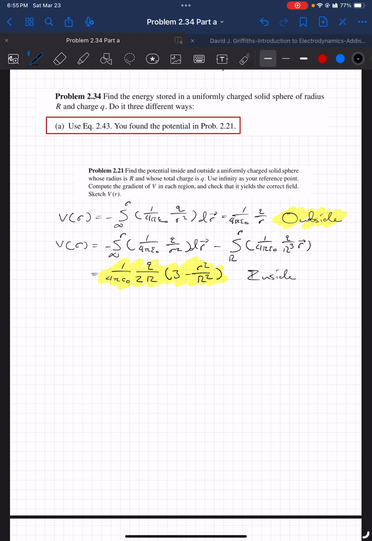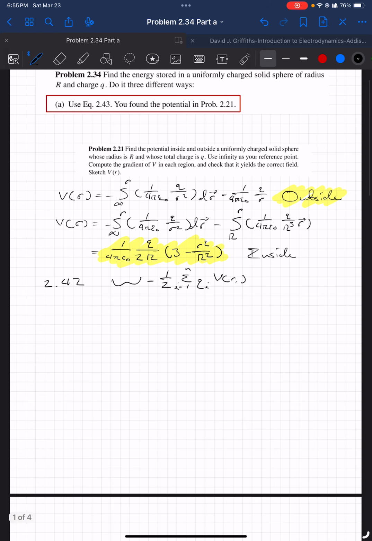What uniformly charged means is that there's a continuous charge distribution throughout the system, and we want the energy stored within. To solve for this, we will begin at equation 2.42. 2.42 states that W, work, is equal to half the summation from i equals 1 to n of q sub i multiplied by V of r sub i.